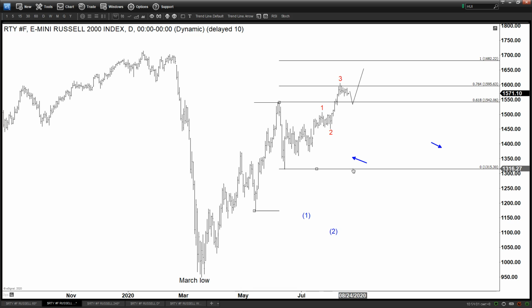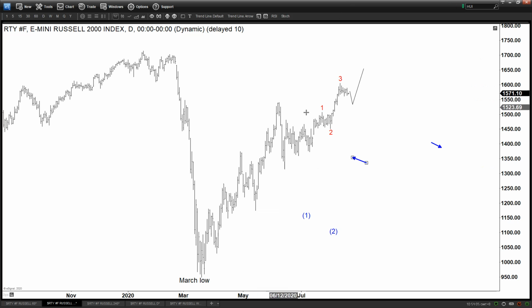A couple of other things that are interesting: if this is 1, 2, 3, 4, 5, which is actually the most conservative forecast, because you could have been more bullish with 1, 2, 1, 2, but you don't, so you are calling this 1, 2, 3, 4, 5.